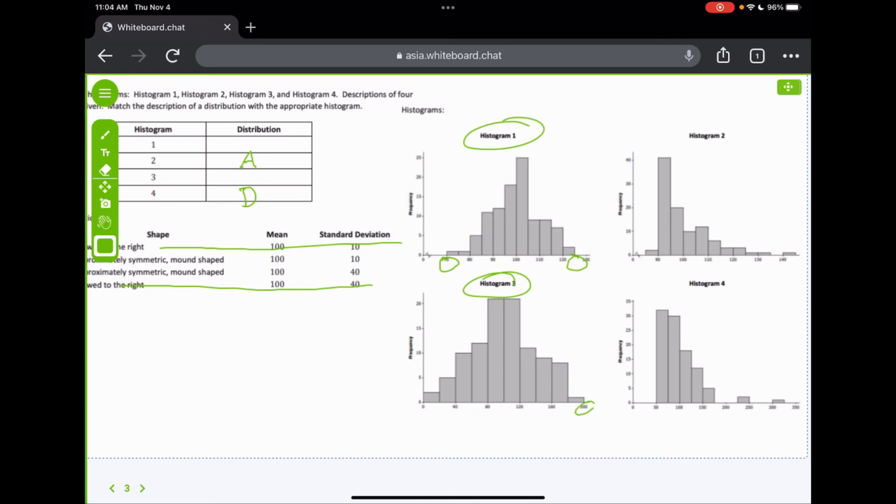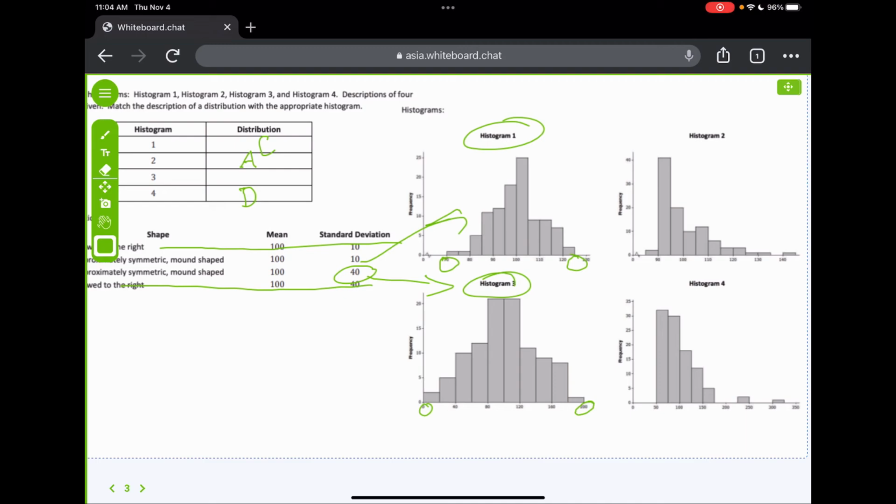Here you have a spread of 200, so that's going to be the standard deviation of 40. That'll go to 3, this will go to 1. So histogram 1 is going to be C.